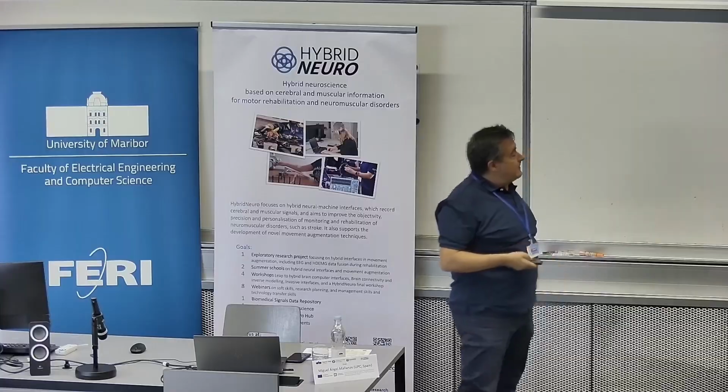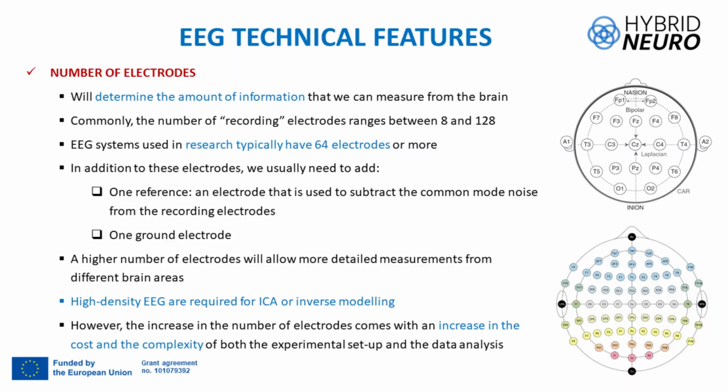So this volume conductive effect is very important when you have a lot of electrodes. My recommendation is 64 channels, that's okay, and to have more is probably not necessary, and you can have more problems.